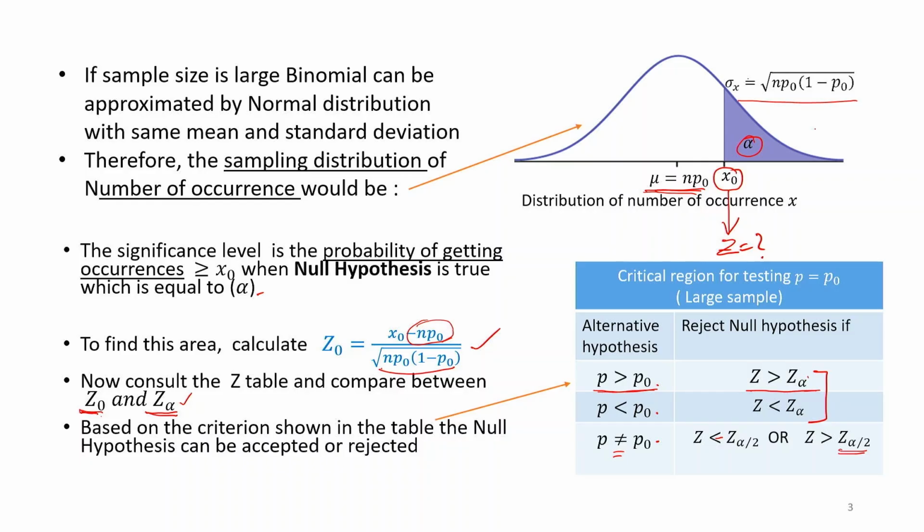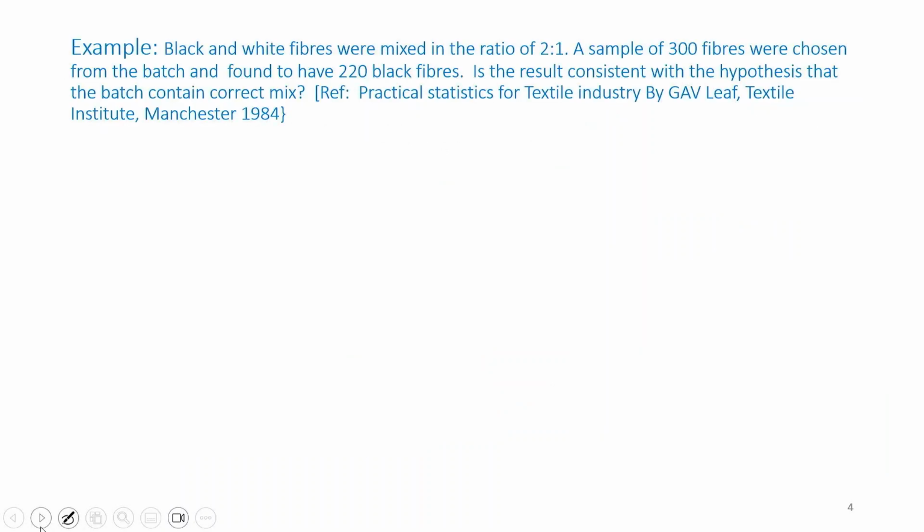So depending upon the alternative hypothesis, these are the criteria we have to follow, and accordingly we have to either accept or reject the hypothesis. And that is how we can test the proportions.